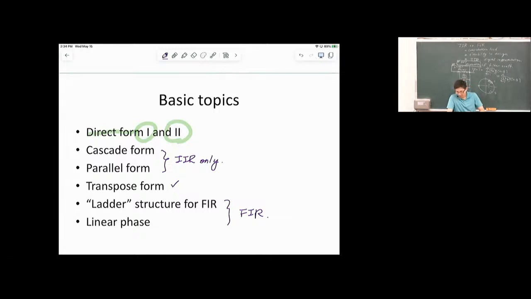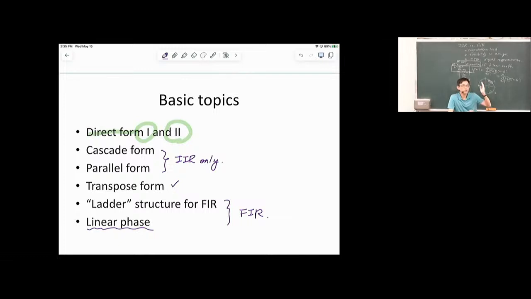Since most of the FIR filters we talk about are going to be linear phase filters, when you use windows to design an FIR, you get a linear phase filter as your outcome. It turns out that if a filter is linear phase, the coefficients have a symmetry. It's an even function around the center.